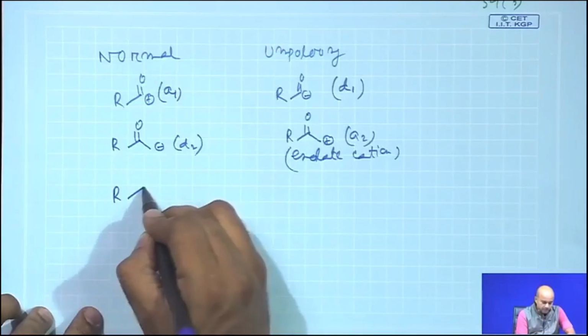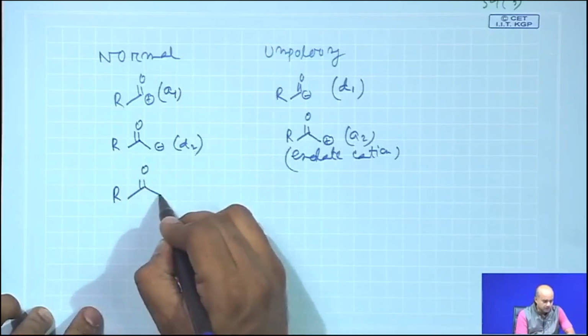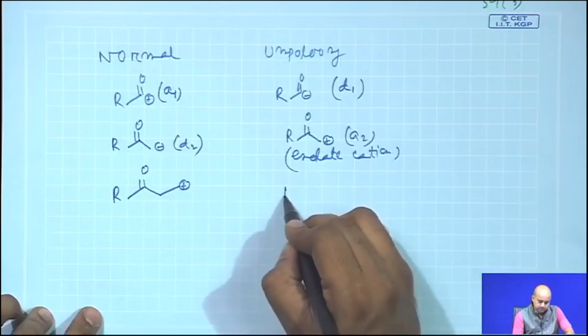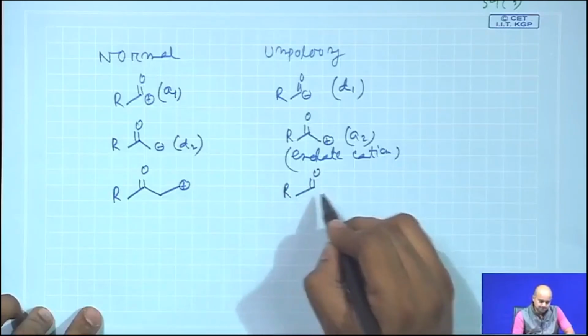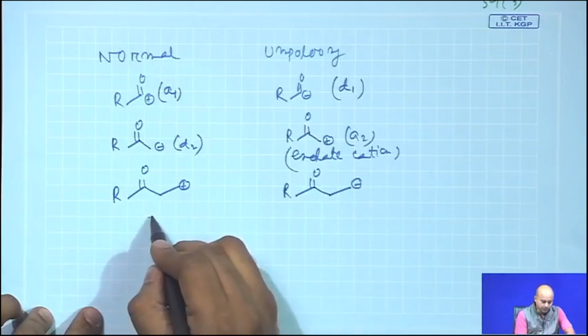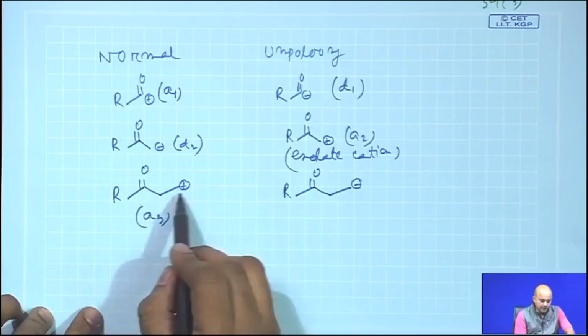Now, just by changing the polarity, you can create different kinds of synthetic equivalents. So this is your A3 and this is a homoenolate cation.